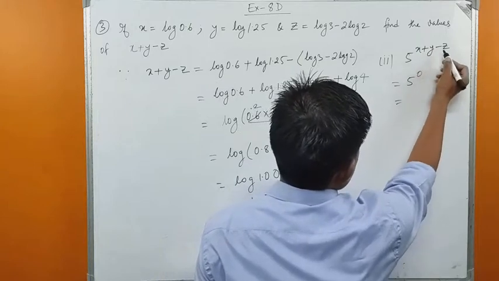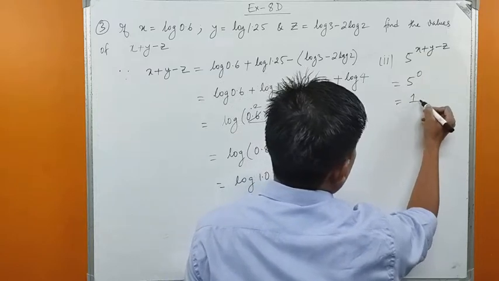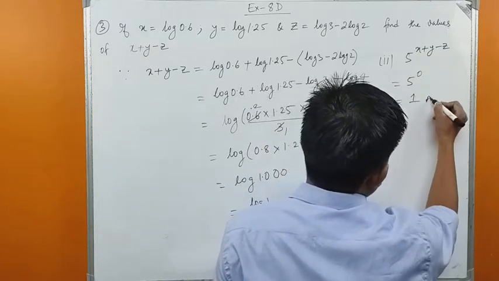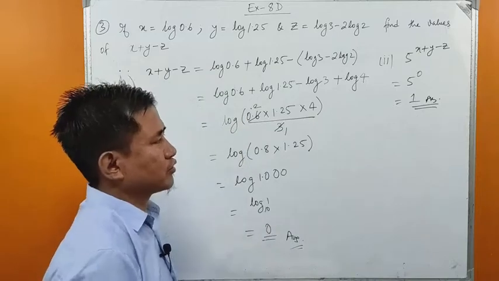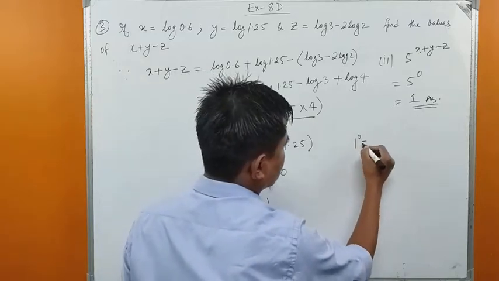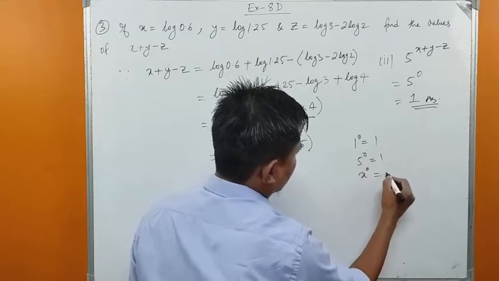So 5 to the power 0 is 1. Any number raised to power 0 is 1. 1 to the power 0 is 1, 5 to the power 0 is 1, x to the power 0 is 1.